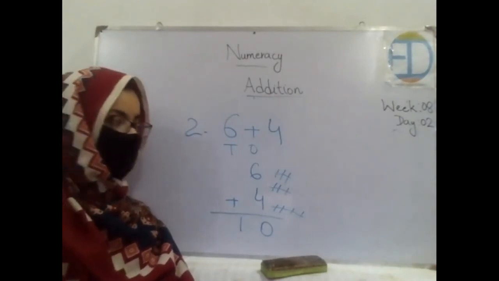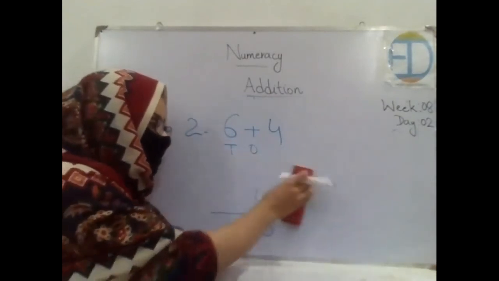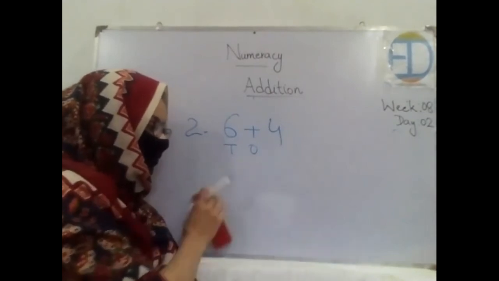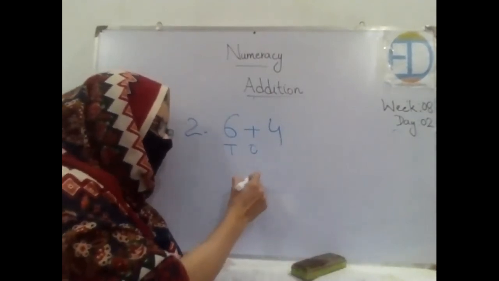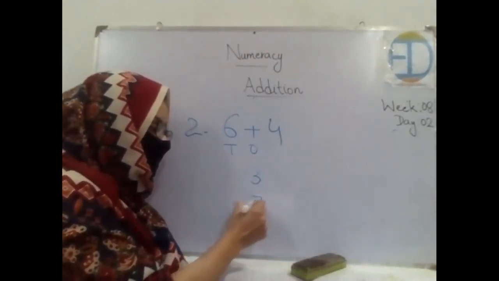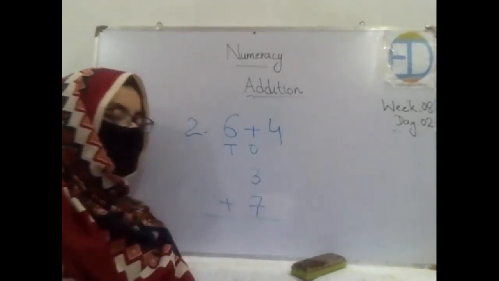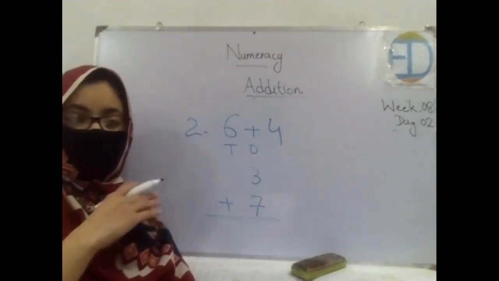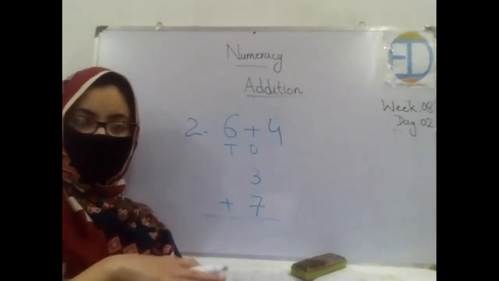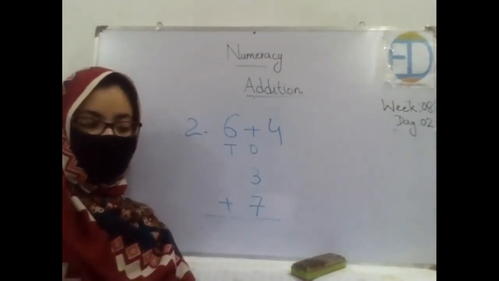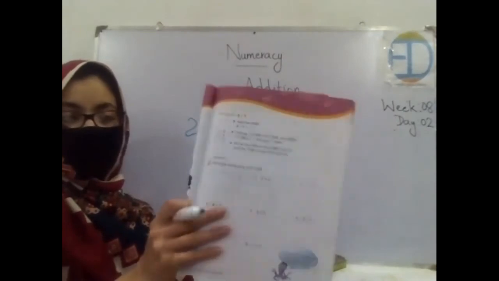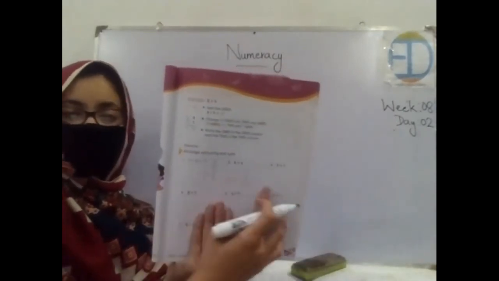Now let's solve the next one. The next numbers are 3 plus 7. Okay. Well, I'm using the same column, but you are supposed to write them separately in your notebooks, right? Or you can do them on your book page as well. There are spaces left. There is enough space.